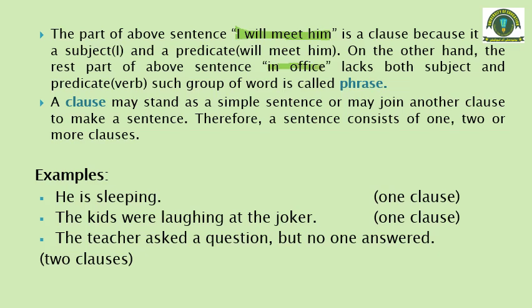Why? Because in office is just a group of words that cannot stand alone. If I tell you in office, you won't know what in office, where in office, what am I talking about. It is a group of words that cannot complete its meaning.